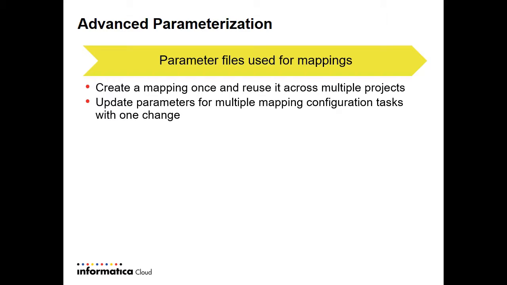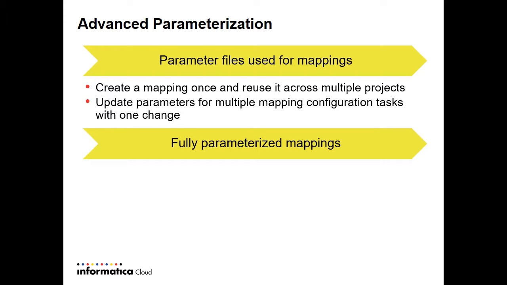Another important aspect of advanced parameterization is using the fully parameterized mapping. In fully parameterized mappings, the sources and targets are parameterized where you can change your data sources and targets between job or task runs without heavy modification.